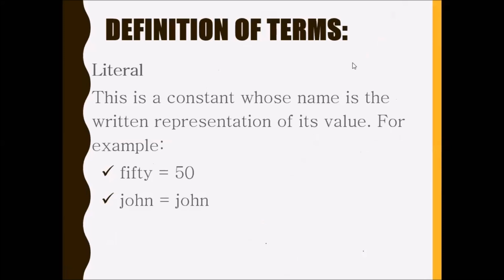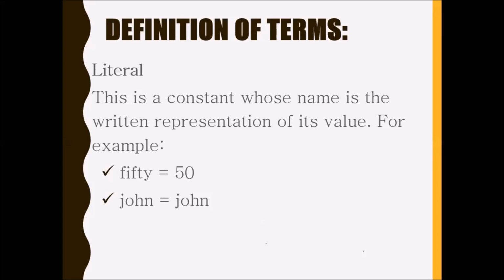All right, so let's look at literals now. We had 3 terms. We looked at variables, and we said that variables change during the execution of a program. You have constants, which don't change during the execution of a program. They will remain the same. And you have literals, literally. That is what it is.